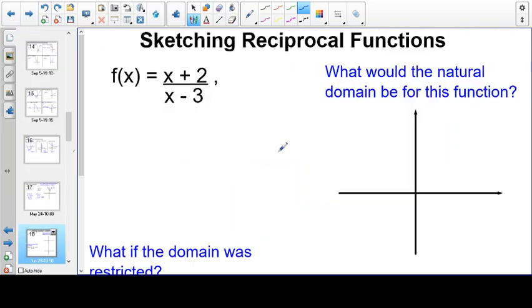The other functions that we need to look at are more complicated looking reciprocal functions. These have been quite popular in the exams of late, so it's worth just having a little look at. So these are graphs of the form f of x equals ax plus b over x plus c.